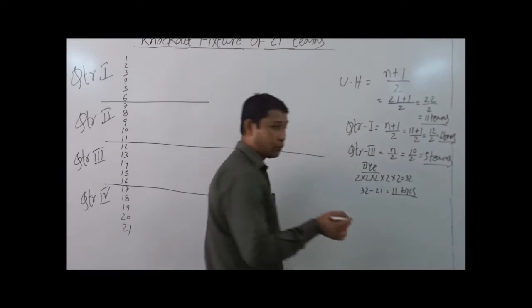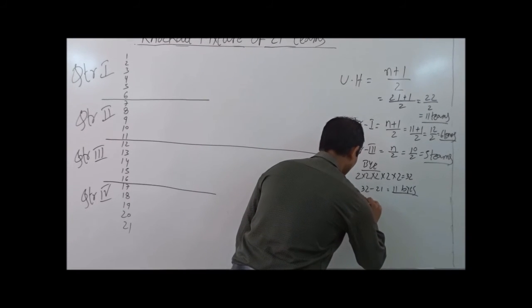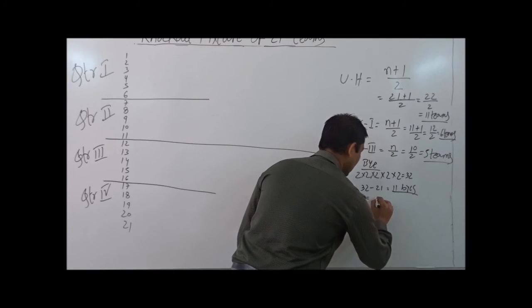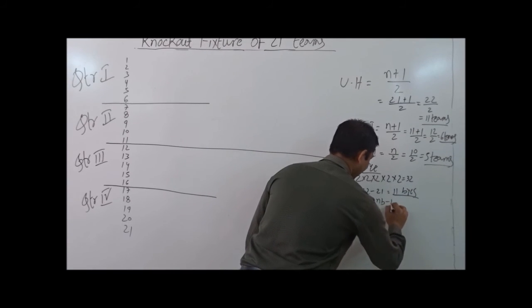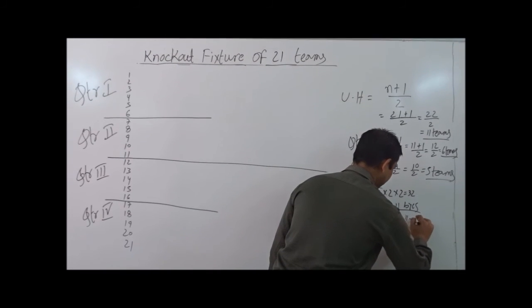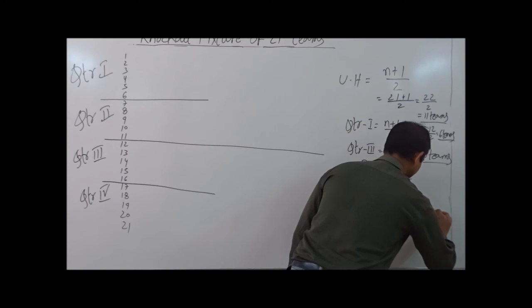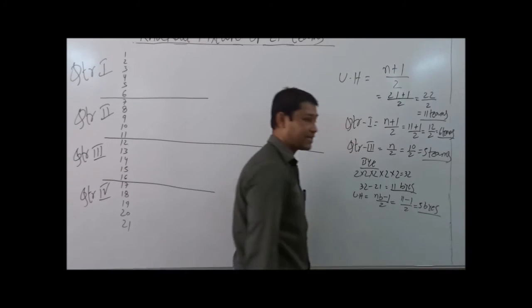Now again putting into formula, upper half: NB minus 1 upon 2, that is 11 minus 1 upon 2, which means 5 byes in upper half.